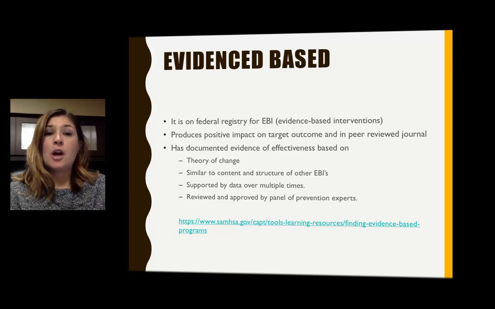It needs to show documentation of effectiveness based on theory of change. It needs to have similar content and structure to other evidence-based interventions, and it's been supported by data multiple times, reviewed and approved by a panel of prevention experts.